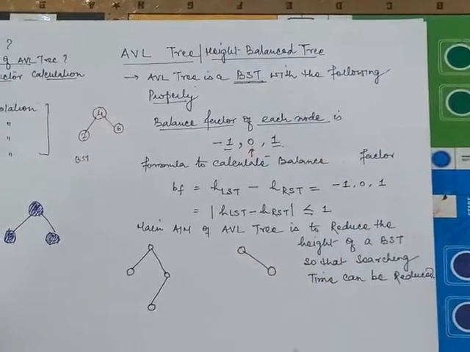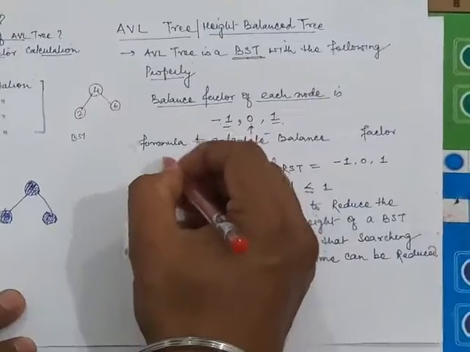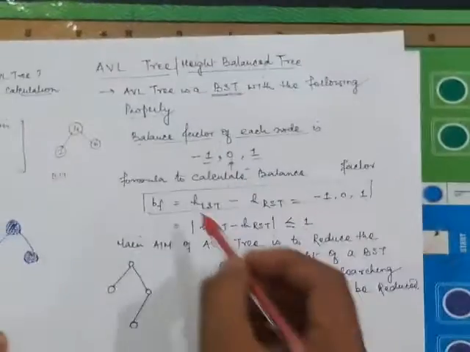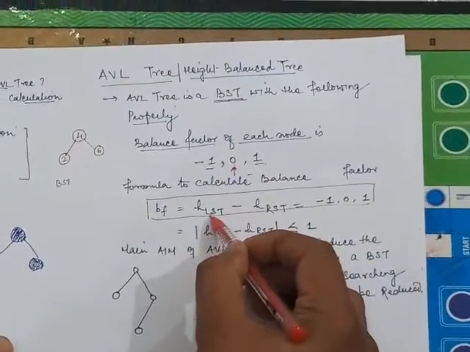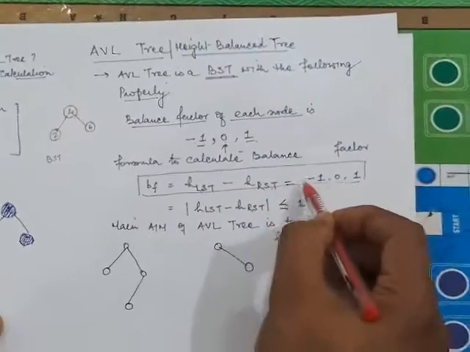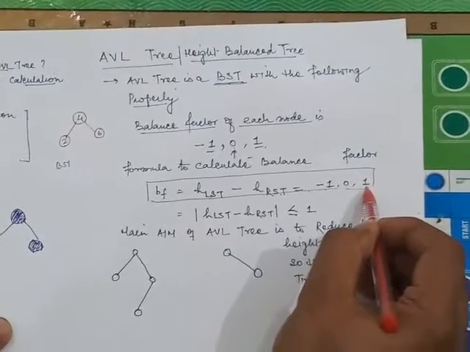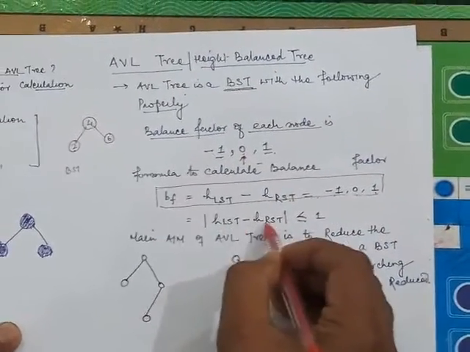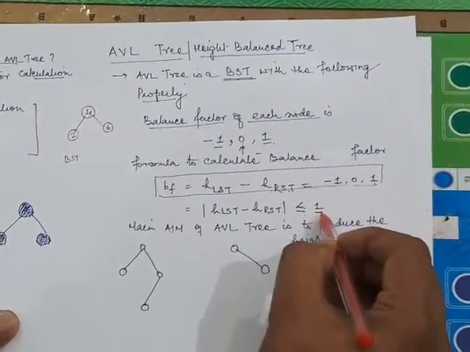And how to calculate the balance factor of a node? Here is the formula. The balance factor of a node is height of left subtree minus height of right subtree, and it should be either -1 or 0 or 1. In other words, I can say the magnitude of this subtraction should be less than or equal to 1.